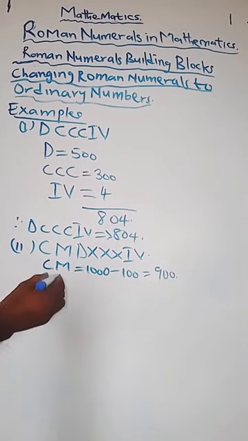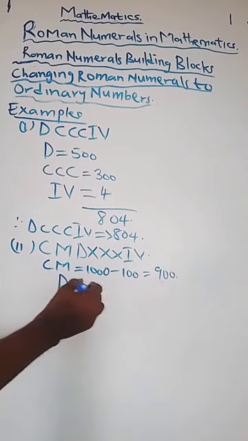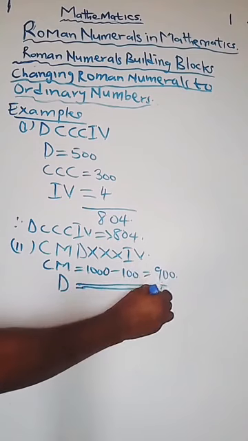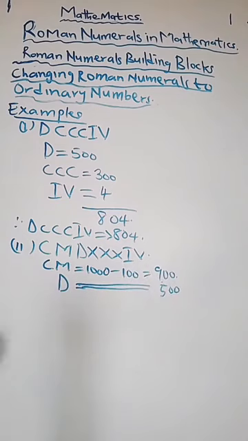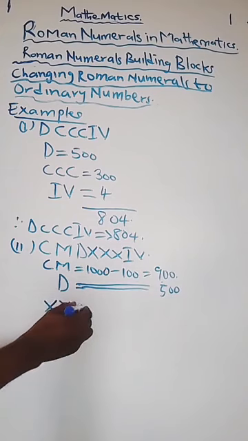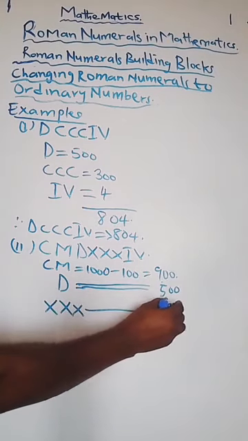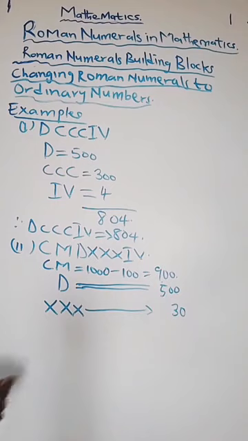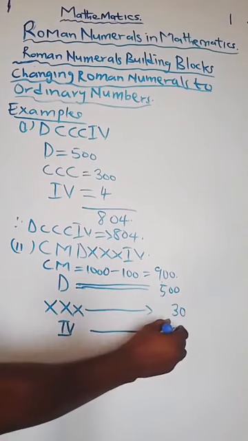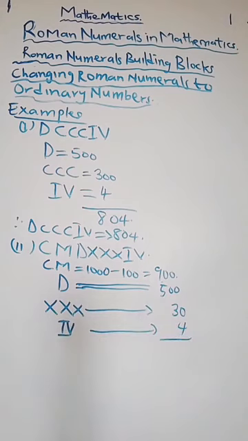Now, D is 500. Let's write the D, 500. Now, X, X, X is 10 plus 10 plus 10. So we add this, and it is 30. Then, we have I, V. This is 5 minus 1. That is 4. Then, we add everything together.